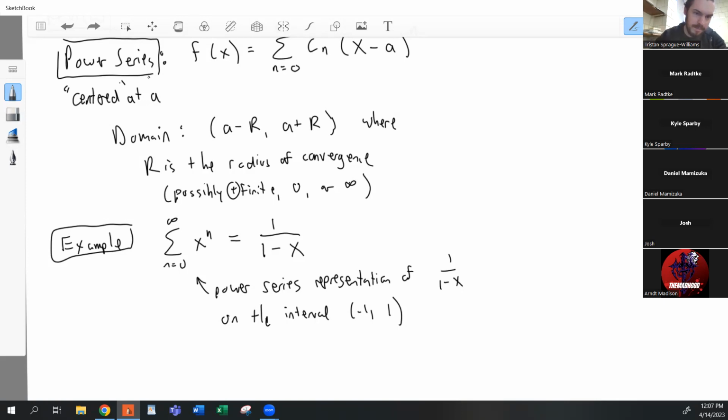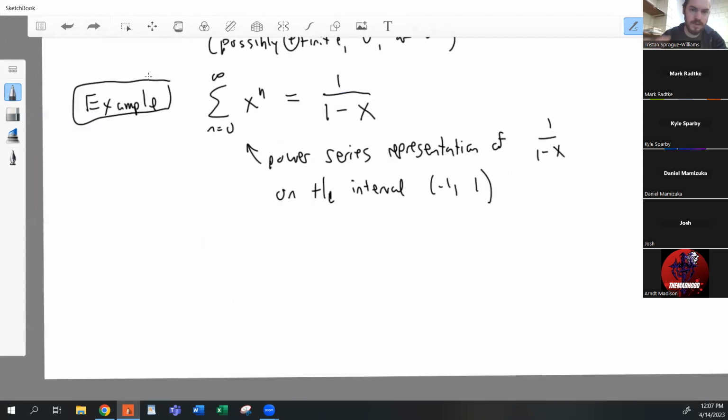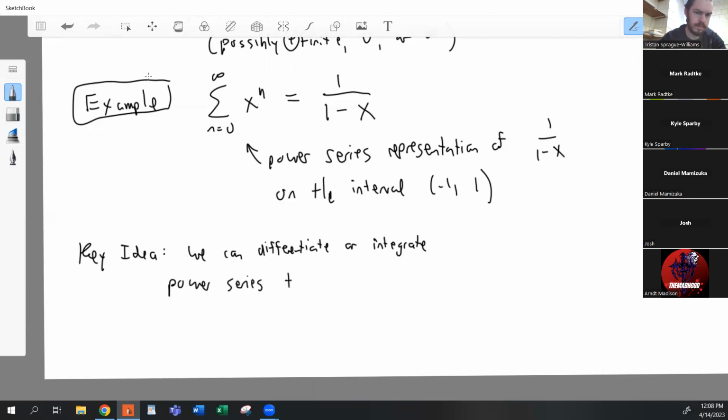But there is one important thing from yesterday's class that we do really need to carry forward, and that is this key idea that we can differentiate or integrate power series functions term by term. And the result is a new power series for the derivative or the integral of the original function that we had before.